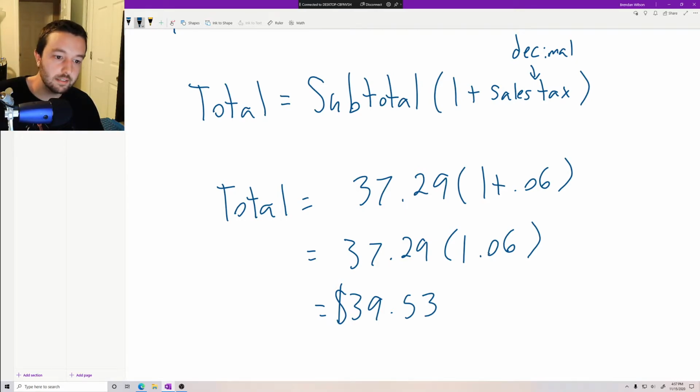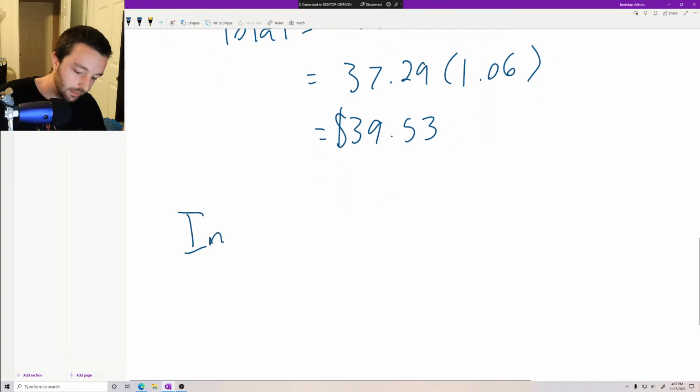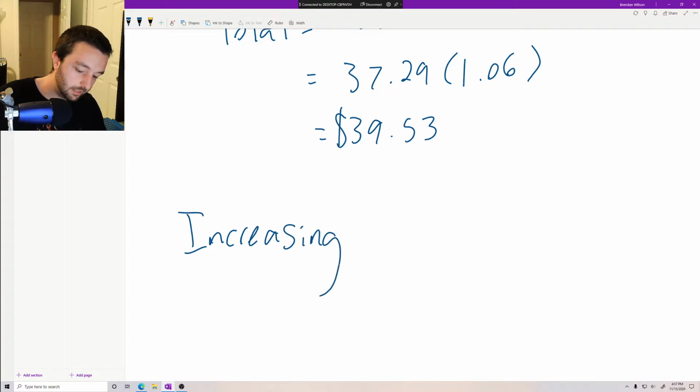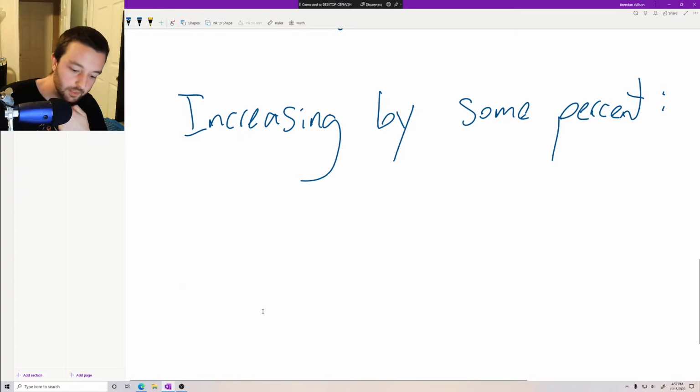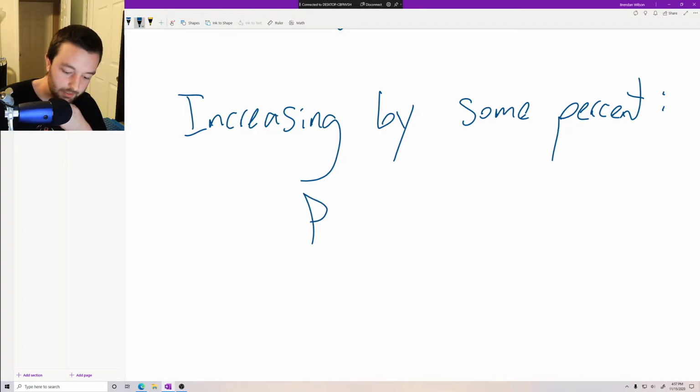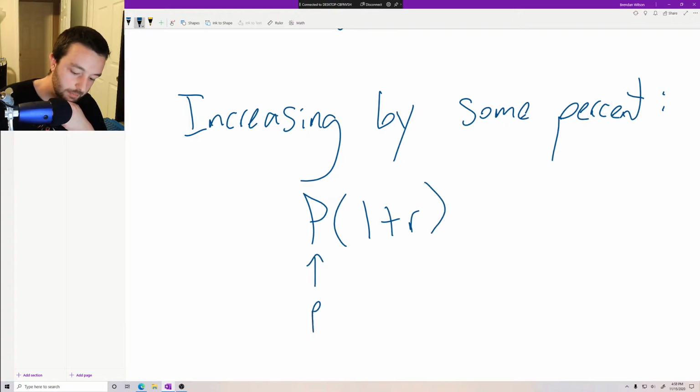If we say something increases by some percent, we can use this formula where we take the original value, which we would call P a lot of the time, and we multiply it by 1 plus R. Okay, this P is typically referred to as the principal or the starting amount.